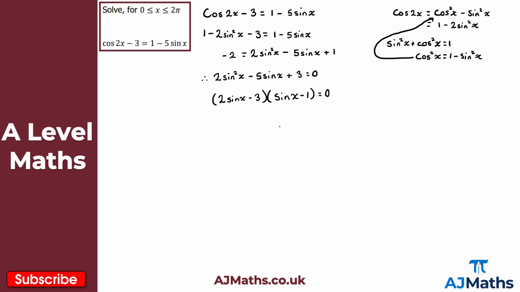So from here then we get two equations. From this bracket we get sine x equals 3 over 2. And then from this bracket here, we get sine x equals 1.